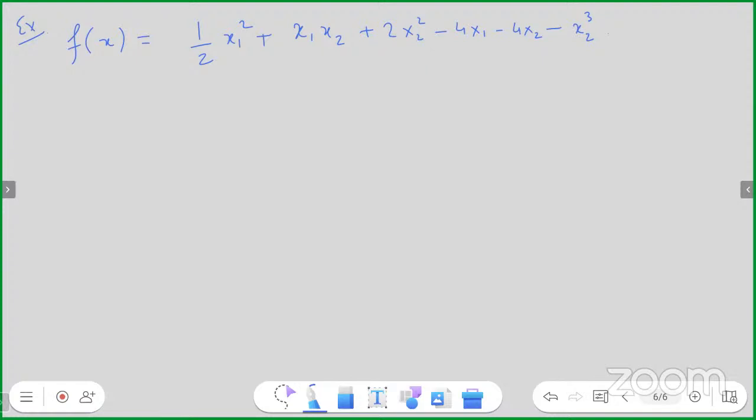Did somebody tell me the gradient? Somebody tell me the gradient.